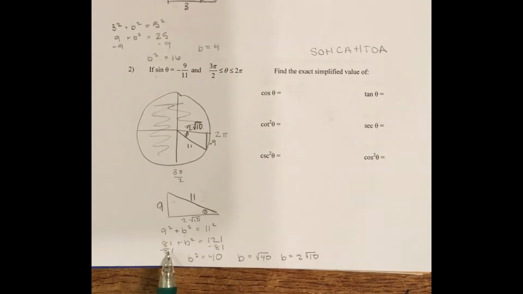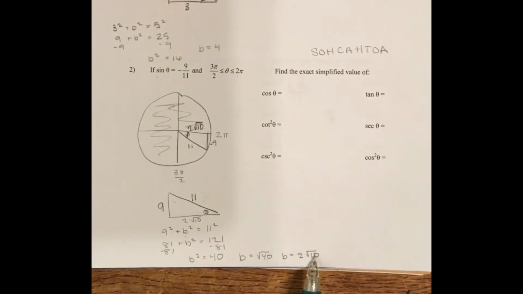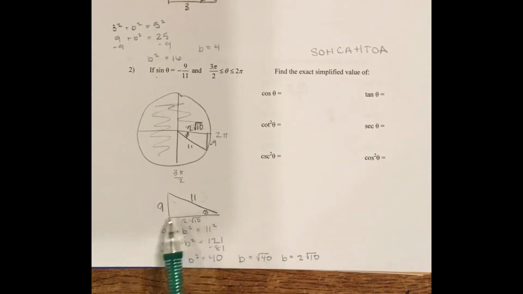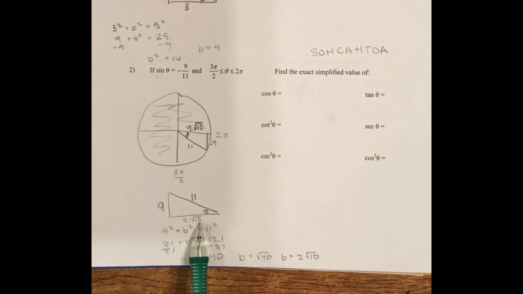You then subtract 81 from both sides to give you 40 equals b squared. Then you square root both sides to get b equals the square root of 40. Then the simplified version of square root 40 is 2 square root 10. So your 2 square root 10 goes on this missing side right here.